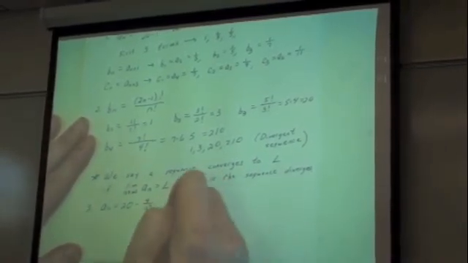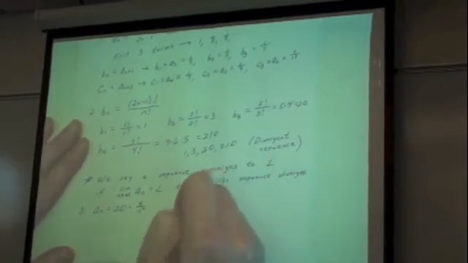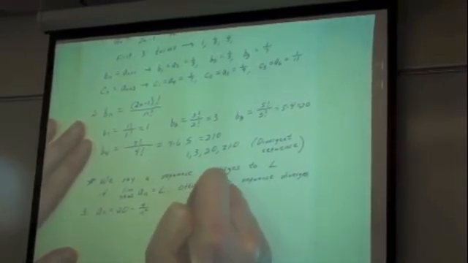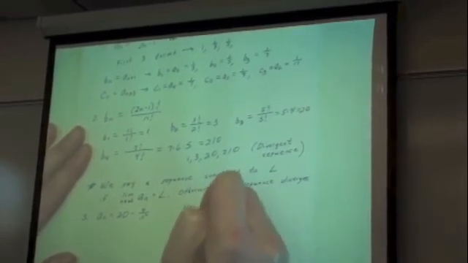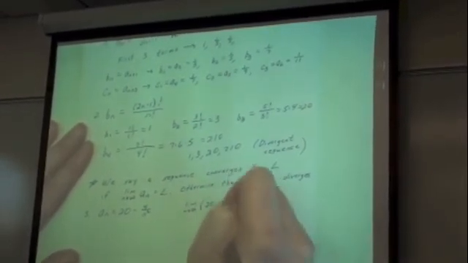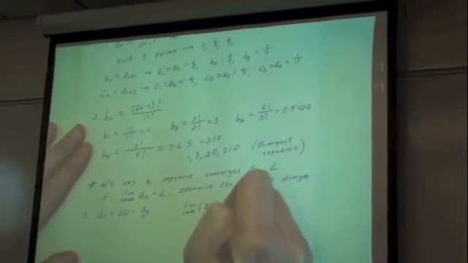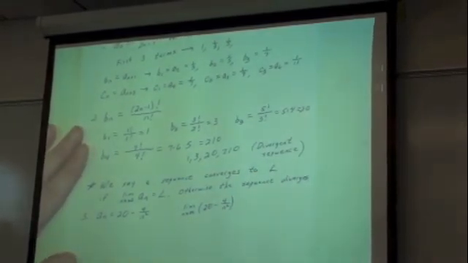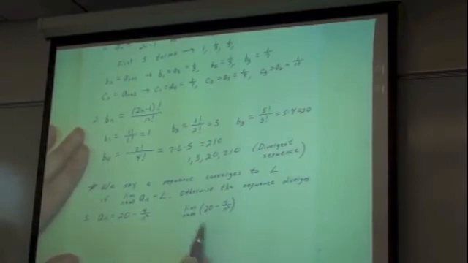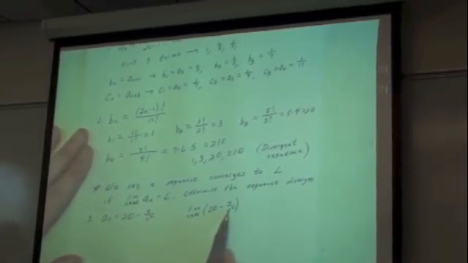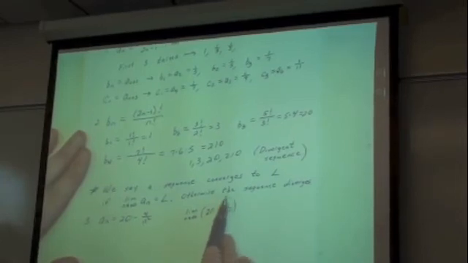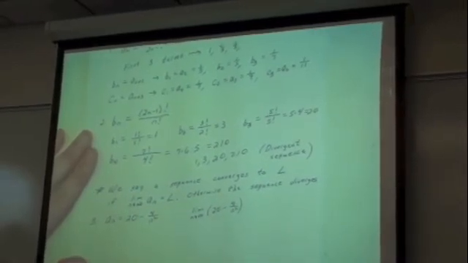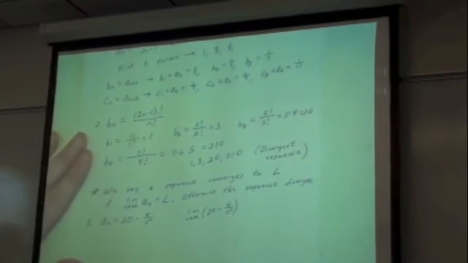So all I would have to do in this problem is say, well, the limit as n approaches infinity of a sub n becomes the limit as n approaches infinity of 20 minus 4 over n squared. If I plug in infinity for n squared, what's going to happen to this 4 over n squared? 4 divided by the largest possible number in existence ever squared?